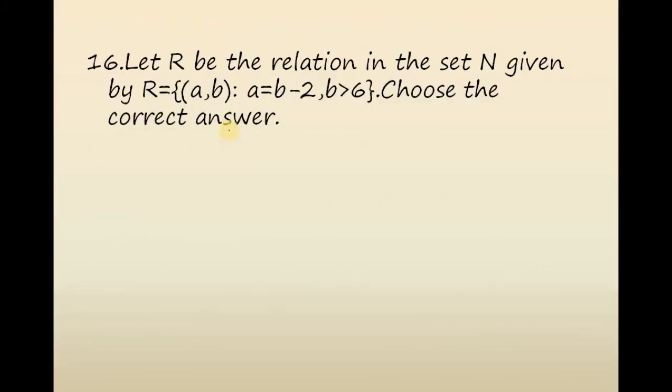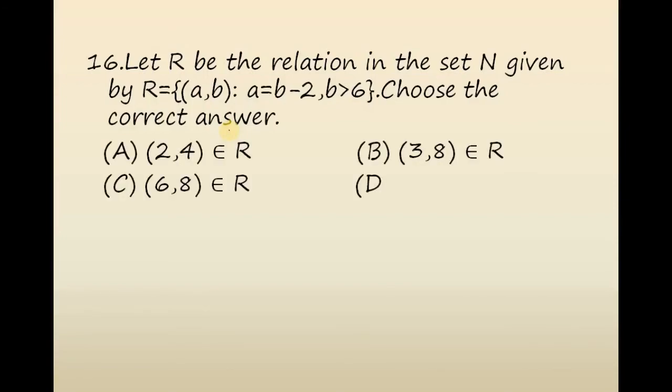Let's move on. The 16th one: let R be the relation in the set N given by R = {(a, b): a = b - 2, where b must be greater than 6}. Let's see the options we have. They have already given us a condition where b must be greater than 6. In the first option a is 4, which is already less than 6, so let's leave option A. Let's come to options B, C, D, where all the b's are greater than 6.